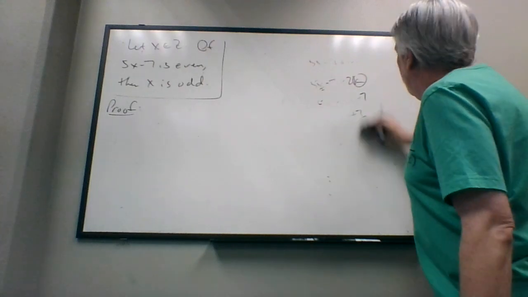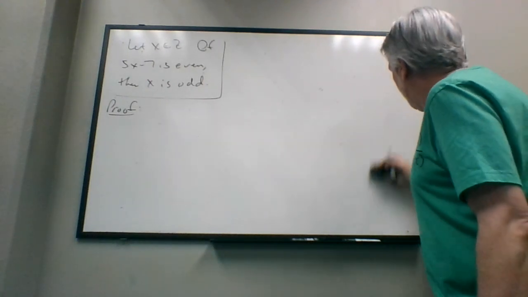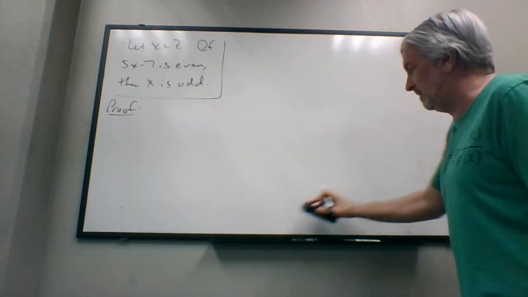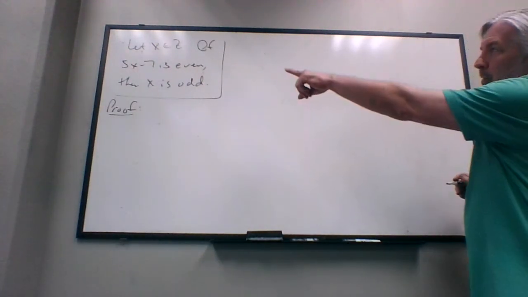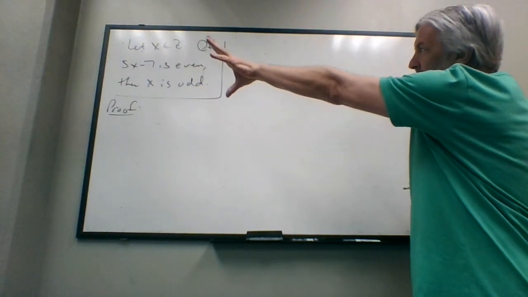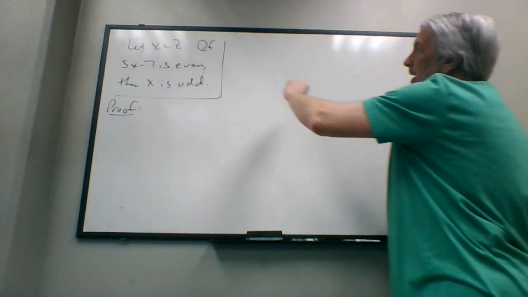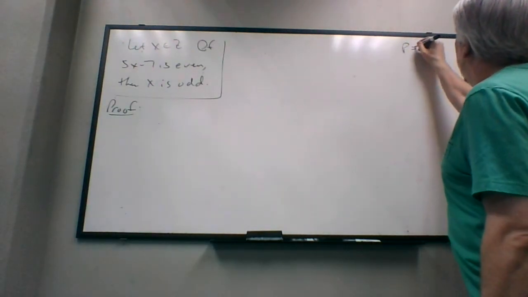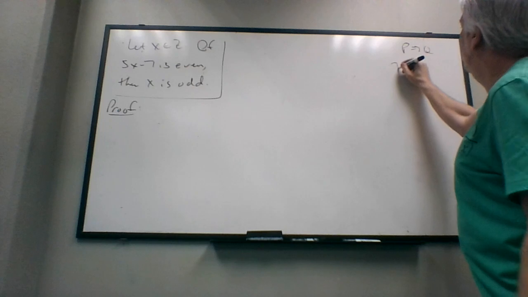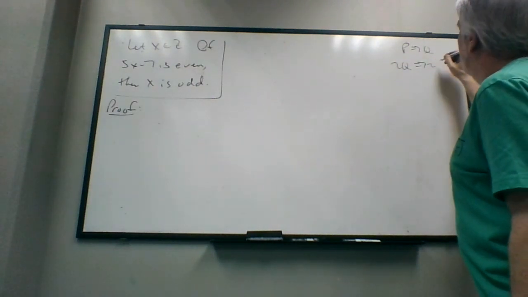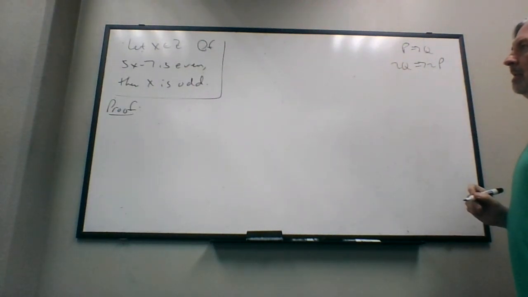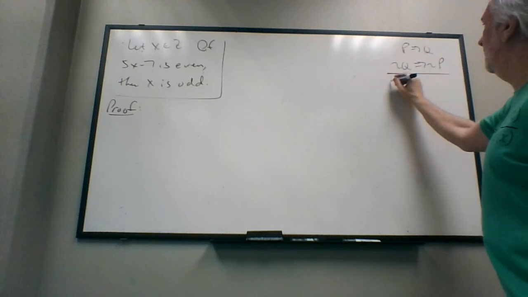Now let's consider the contrapositive, because right now that's all we've got. So let x be an integer, that doesn't change, that's the universal part. What's the contrapositive? Remember we have P implies Q, that's my statement there. The contrapositive is not Q implies not P. So what does the contrapositive look like here?